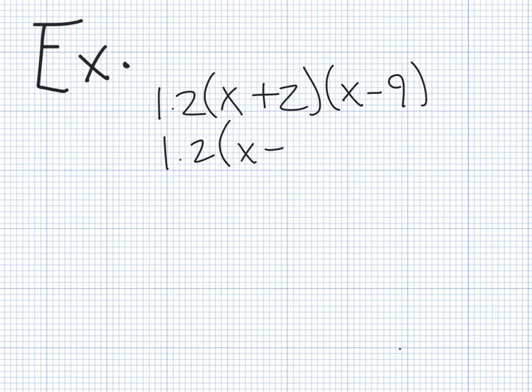The r1 value would be minus 2 because it's the negative of the original, and the r2 value would be plus 9 since it is again the negative of the original. Since the a value is larger than 1, it'll be a positive value and concave up. Not only that, it'll be a little skinnier than an average graph due to the fact that it's even higher than 1.